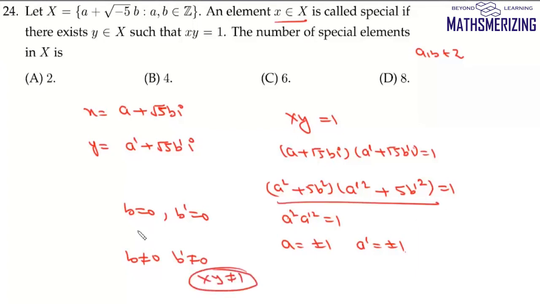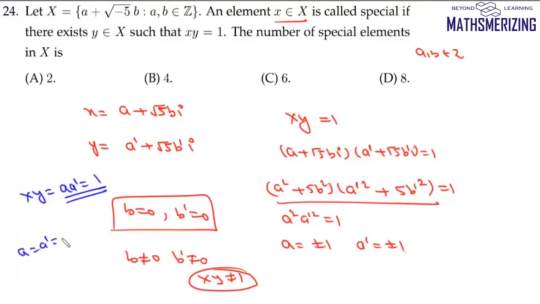So we'll have only one case, when the value of b is 0 and b dash is 0. Now we'll take b as 0 and b dash as 0. Then if we write xy, it'll be simply a into a dash, and it'll be equal to 1. So it'll be 1 when either both of them are 1, or when both of them are minus 1. So the number of special elements in X will be simply 2, and that's your option A.